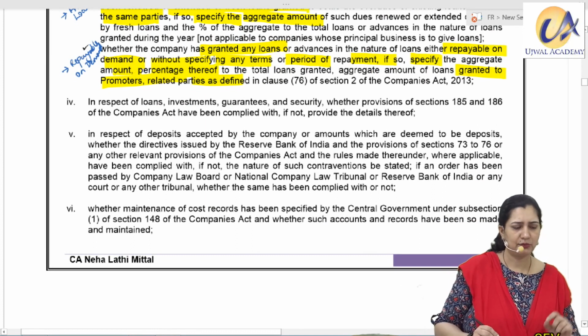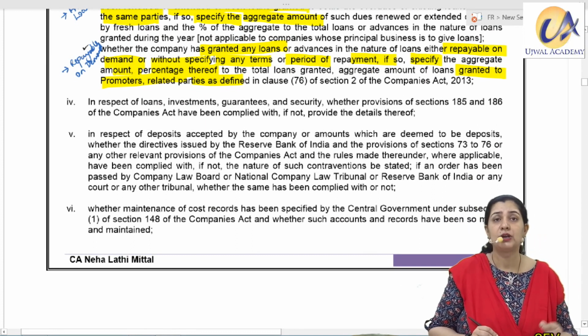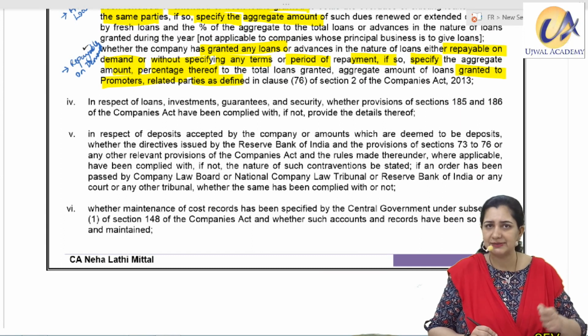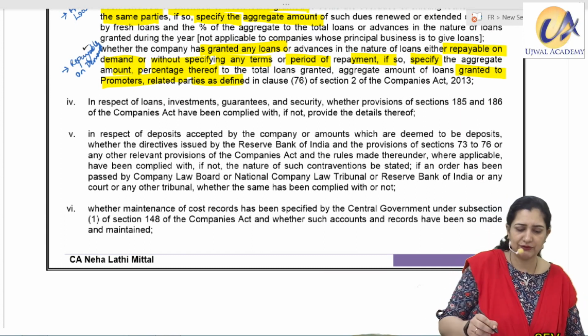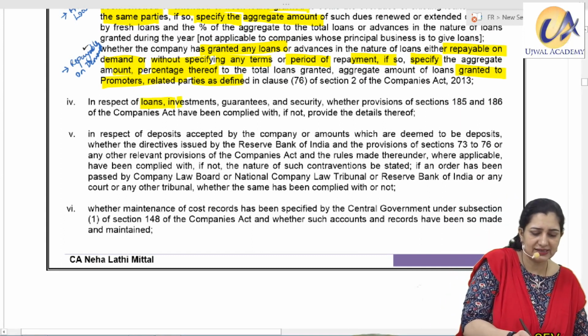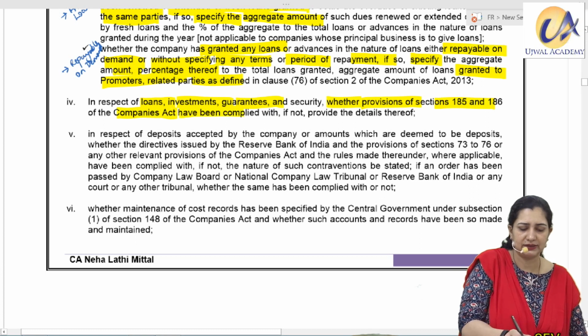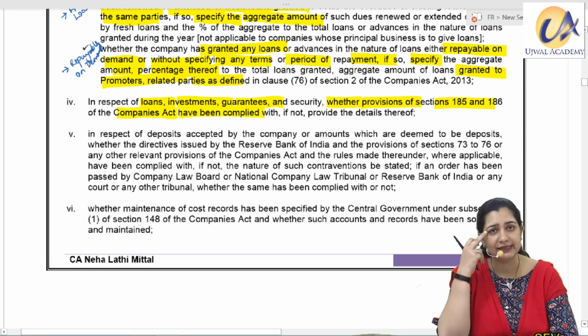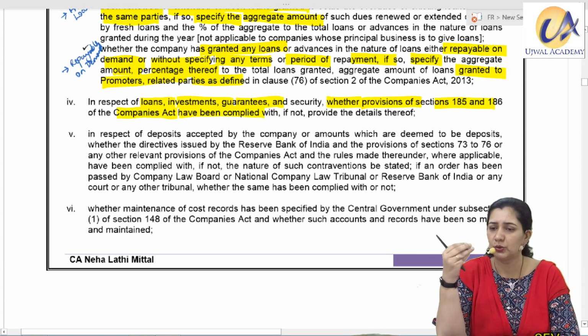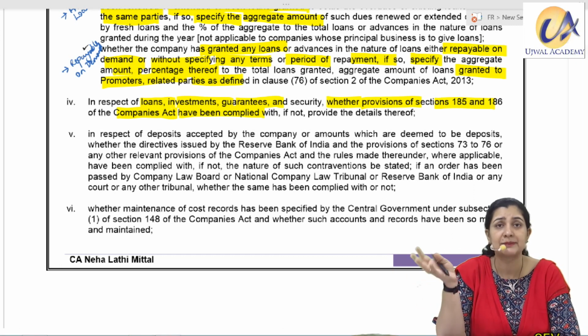Then point number 4 is a simple point which again talks about loans, investments, etc. made. But here you have to see, for the loans, investments, guarantees and all given, whether sections 185 and 186 have been complied with. Sections 185 and 186 talk about loans, advances given, investments made. They talk about limits up to which a company can invest or give loans to other companies.